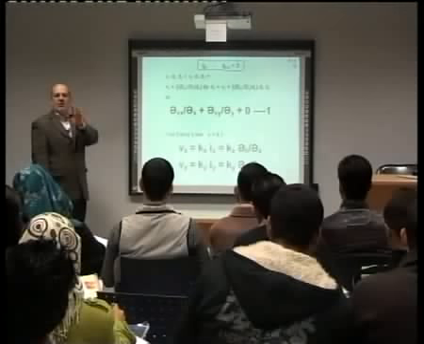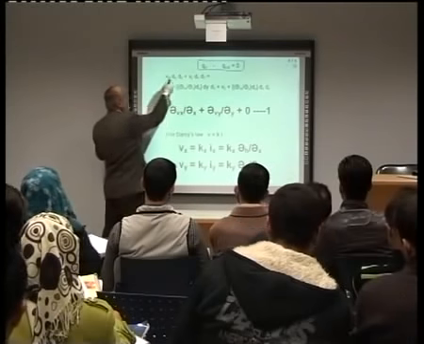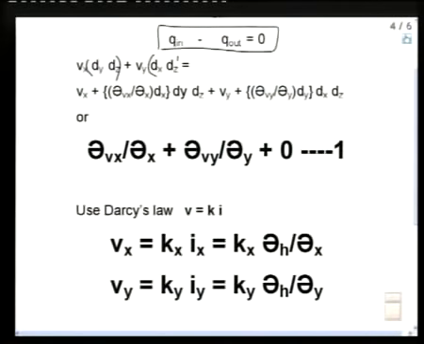Because Q in equals Q out, I have to substitute only the equations that I just wrote. The in equation is Vx multiplied by dy dz plus Vy multiplied by dx dz, equals the out: Vx plus dVx by dx along dx multiplied by dy dz, plus Vy plus dVy by dy along dy multiplied by dx dz.